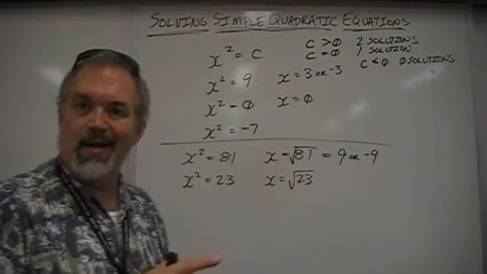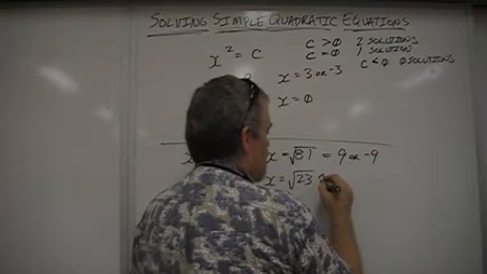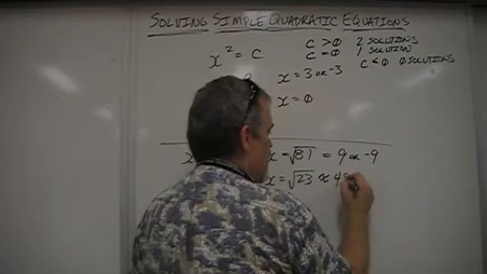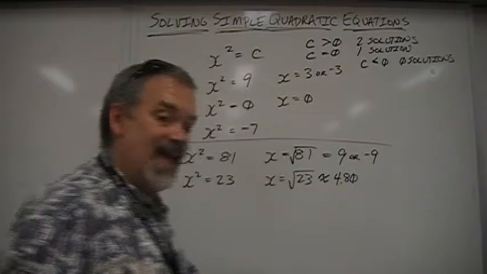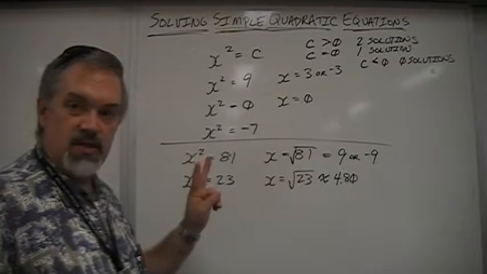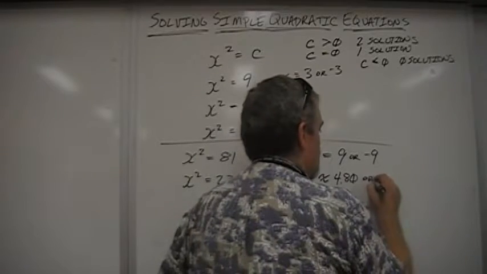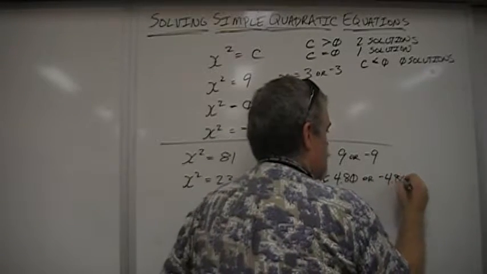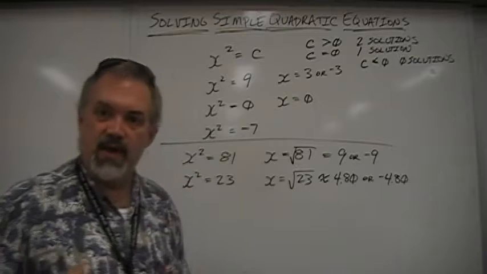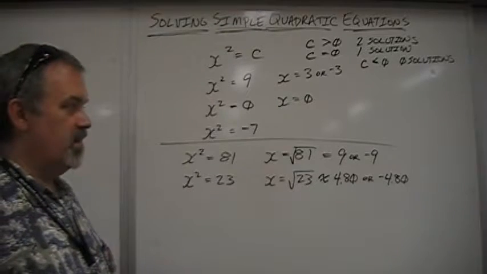If we round it to 2 decimal places, then this is approximately equal to 4.80. But again, remember, it's greater than 0, so there are actually two solutions, 4.80 and negative 4.80. If we multiplied them by themselves, they would both give us 23.